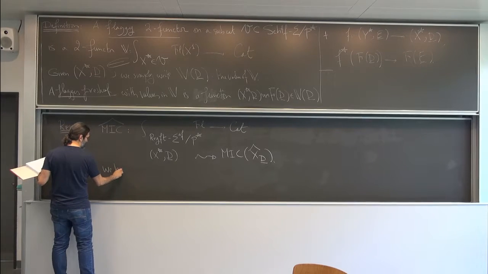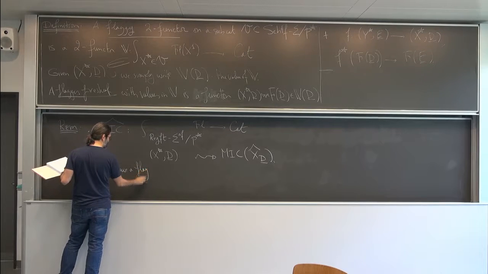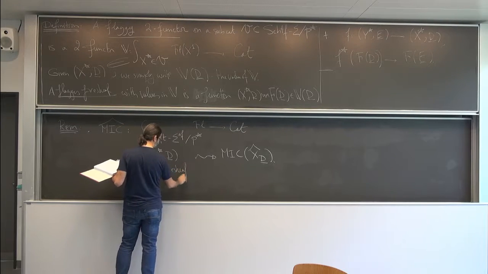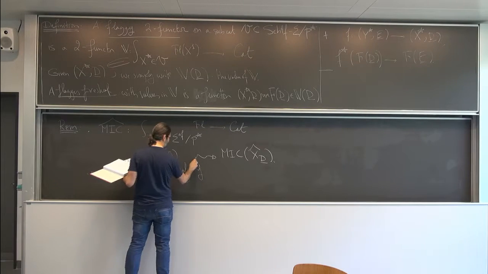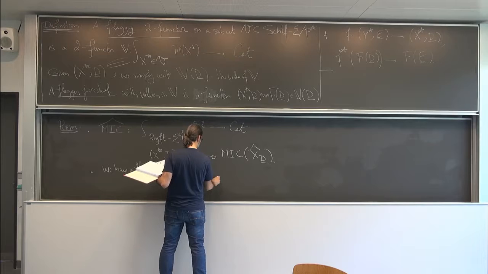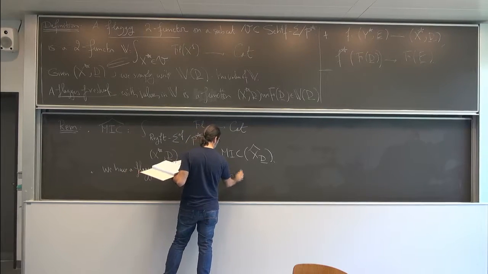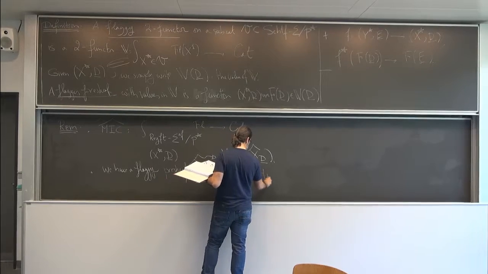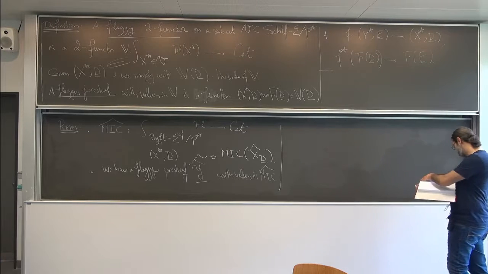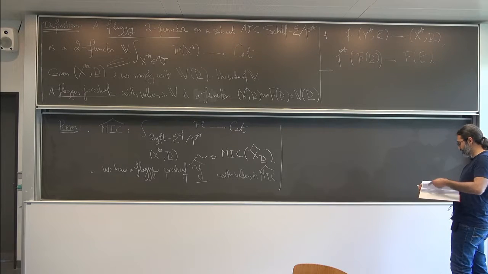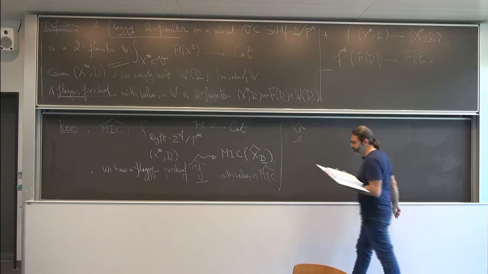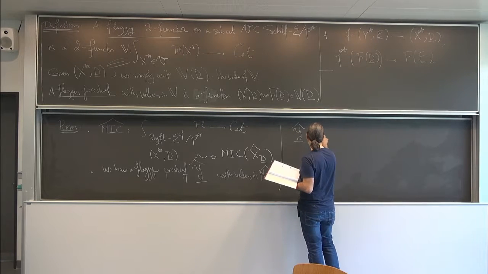And we have also seen an example of a flaggy presheaf, which I denote by y hat underlined, with values in M hat. How is this given? With the previous notation, this is evaluated at a flag D in some X hat.